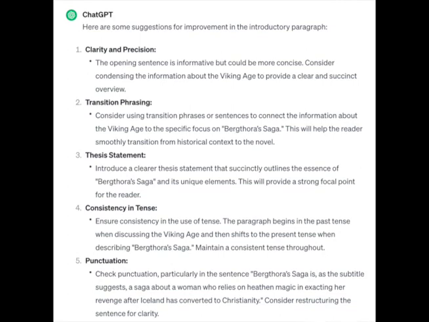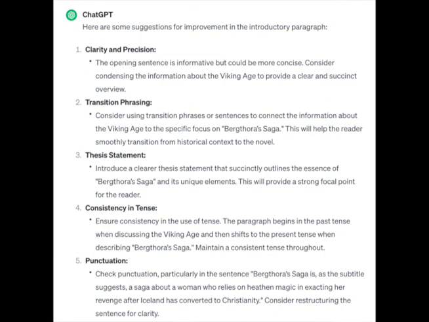One thing I think I might have done here is sort of clarify, once I've established that the Viking Age lasted from 793 to 1066, that the novel takes place in the latter part of the Viking Age. It spans from 985 to 1023. So it's the latter part, and potentially also what that means, the fact that Iceland had been Christianized by then, which could give it more meaningful context.